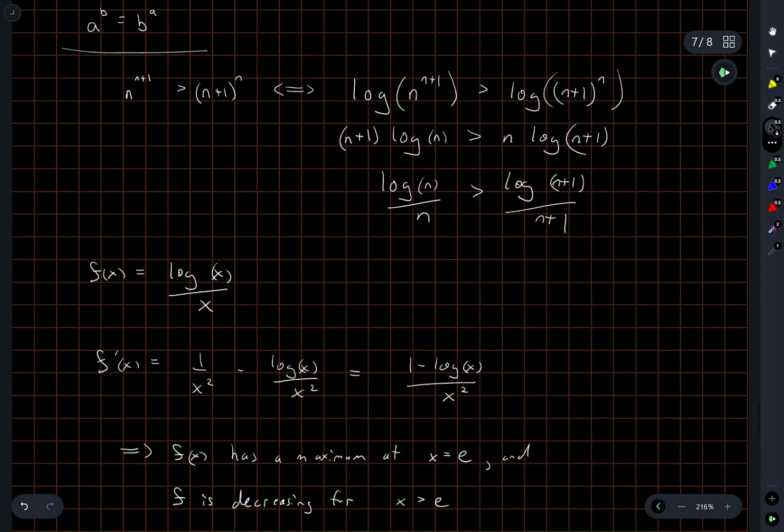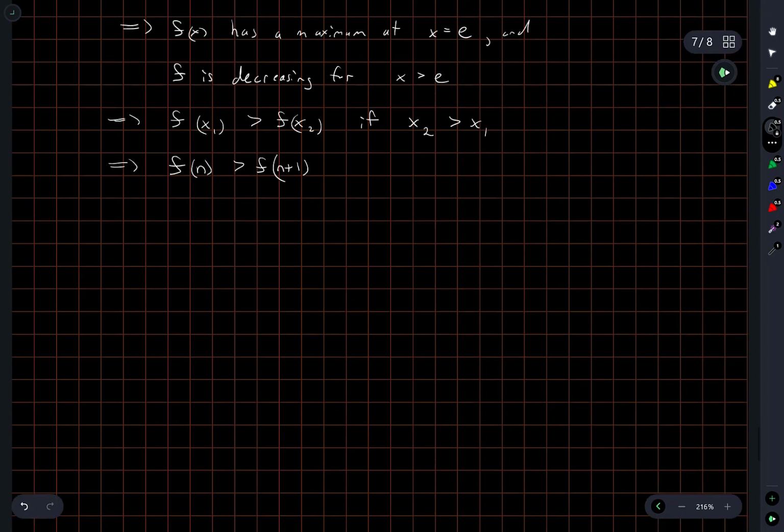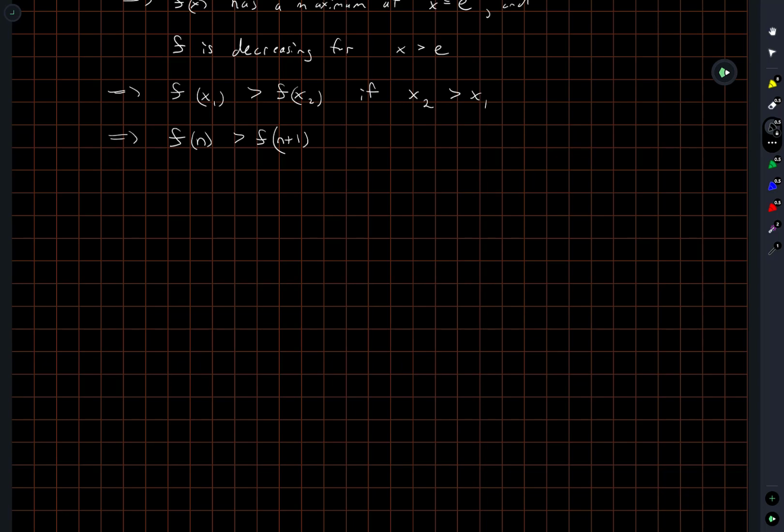So now if I go to the values of x I'm actually concerned with, n and n plus 1, this says that f of n is greater than f of n plus 1. But let's just substitute now what f is actually equal to. This says that log n divided by n is greater than log n plus 1 divided by n plus 1, and we know that this is equivalent to the statement we're actually trying to prove.